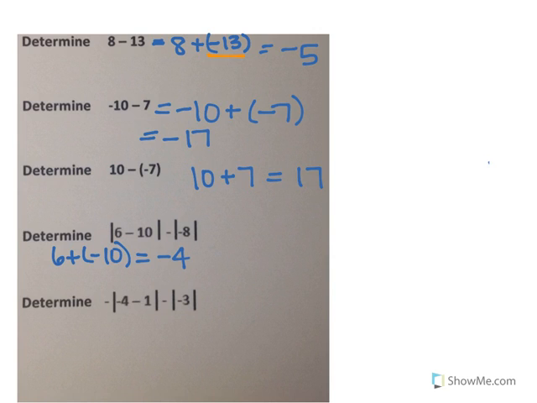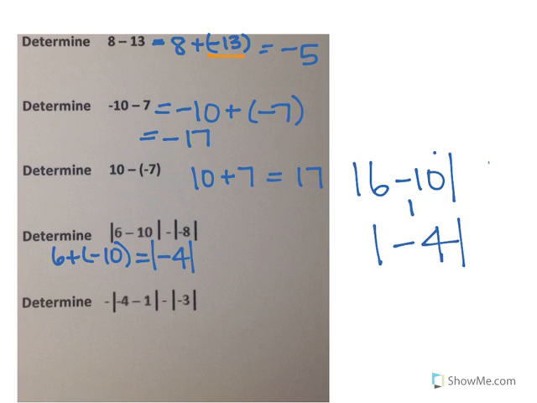Now, this is still in the absolute value bars. So all we did was 6 minus 10. We found 6 plus negative 10 equals negative 4.